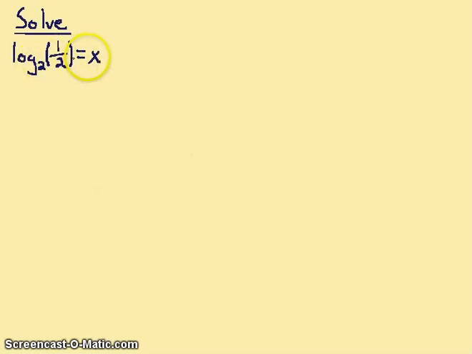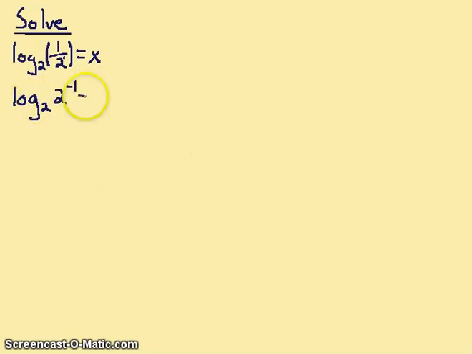So if I want to solve for x, this log base 2 of 1/2, there's a couple of ways I can do it. One way is to change this 1/2, which is 1 over 2 to the first, to just a power of 2. So I'll rewrite this as log base 2 of 2 to the negative 1, remembering that 1/2 I can think of as 2 to the negative 1.